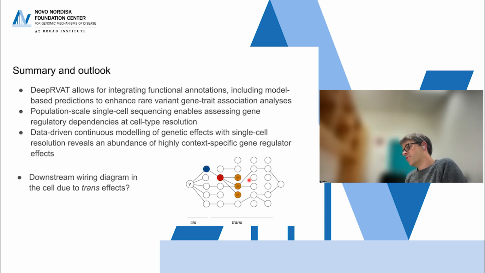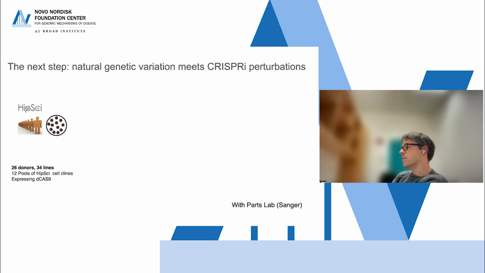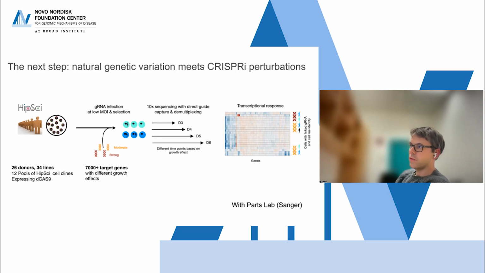There's a lot more to be done to understand what the pathways associated with this are, and I think that's really where we need perturbations. This is future work for us, and also for your thinking. Here's an example from the Parse lab, where we're now combining population-scale variation, with iPS cells from different donors, and then we perturb them using CRISPR. This will allow us to go even further in understanding the downstream consequences.